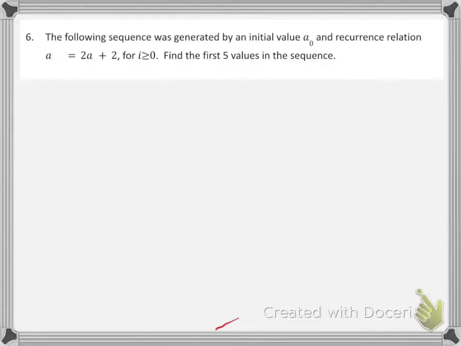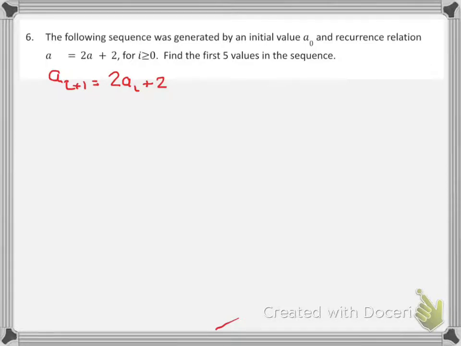A sub I plus 1 is equal to 2 times a sub I plus 2. All right, and we're going to say the initial value is a sub 0.